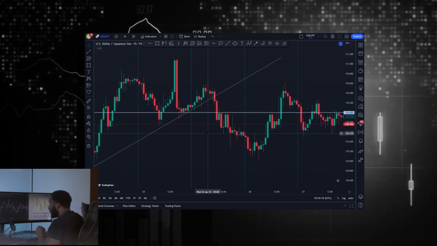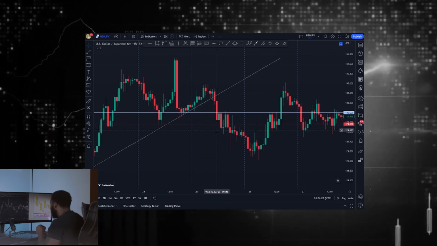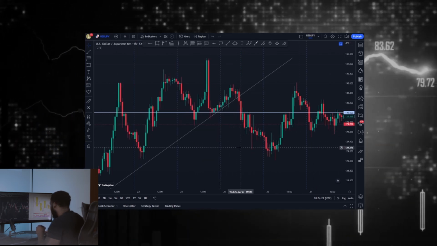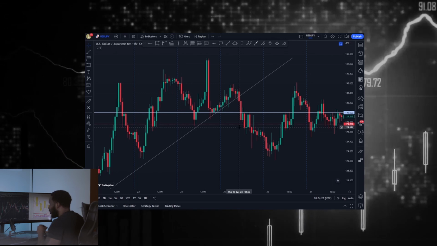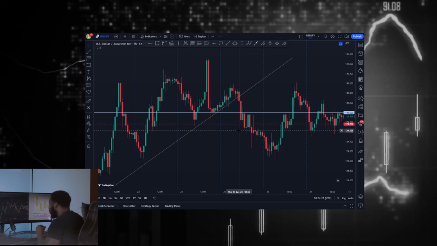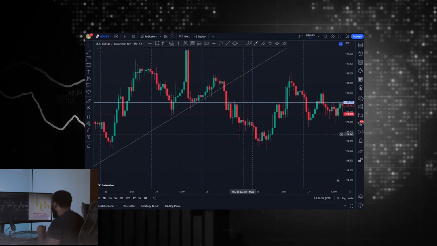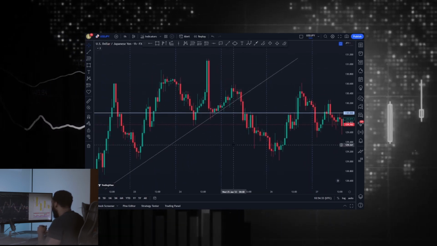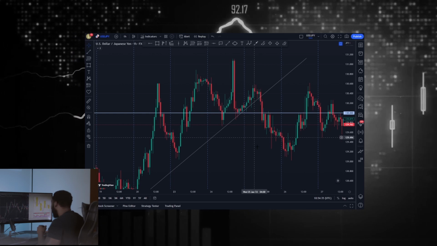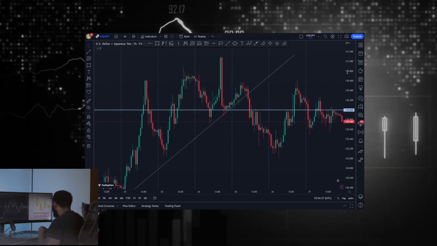So that was one of the confluences that I saw on the 1 hour time frame, which was letting me know that sellers were getting heavily involved in this market. And plus, the break of the counter trend line was a major key for me.